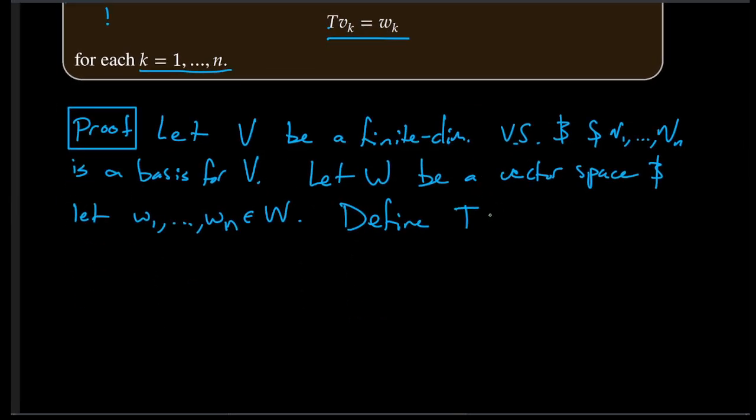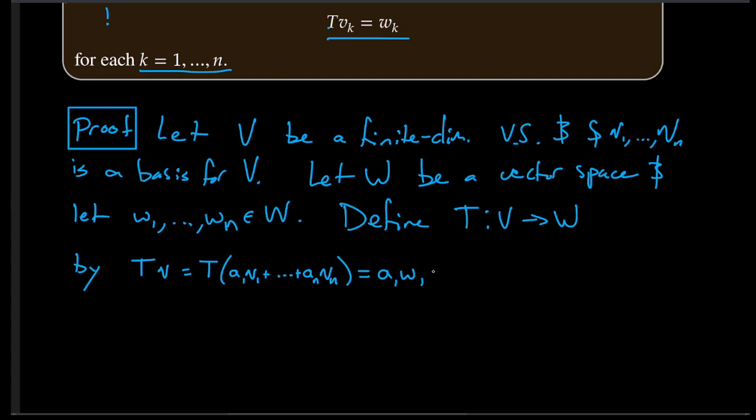Define T, a map from V to W, by T of v equal to T of, well, since I can write every v in V as a1 v1 plus dot dot dot plus an vn, a linear combination of its basis elements, we define it as follows.